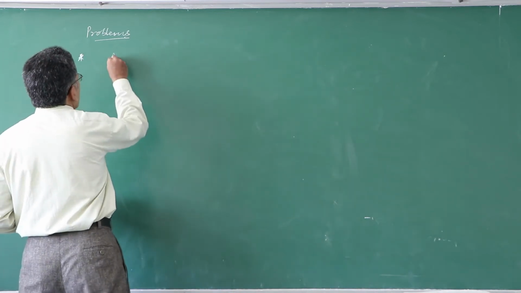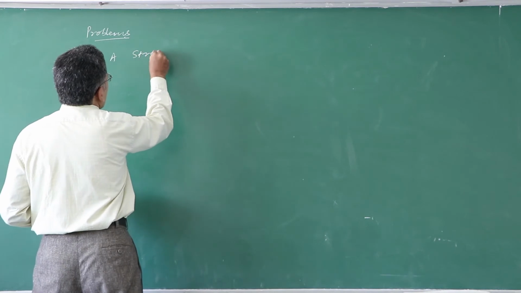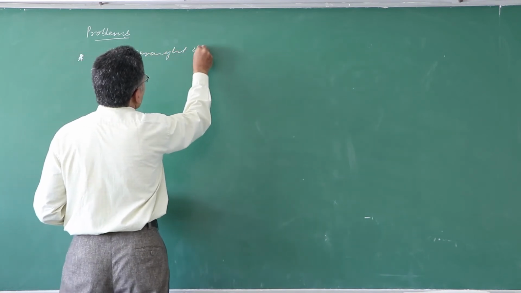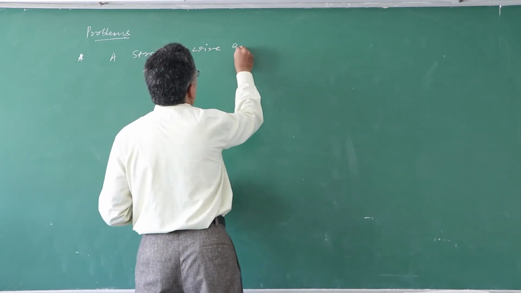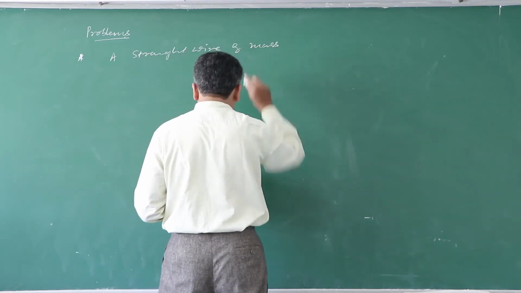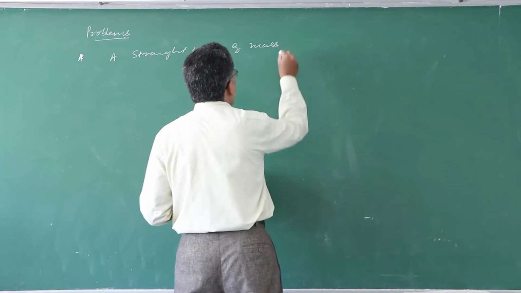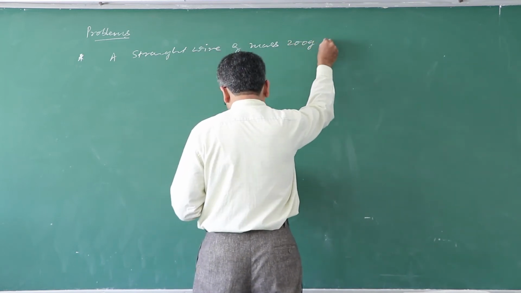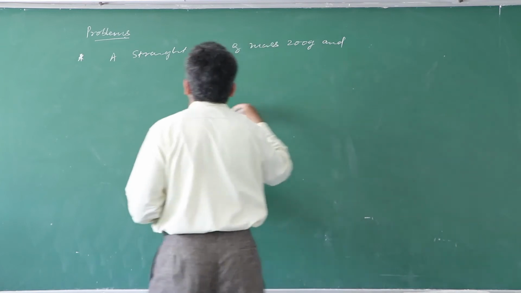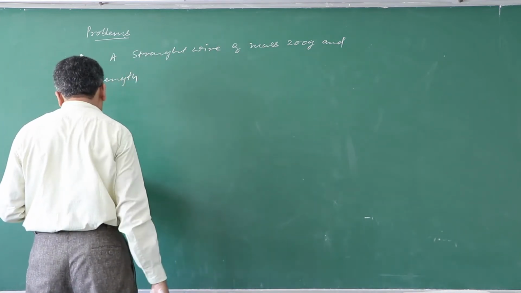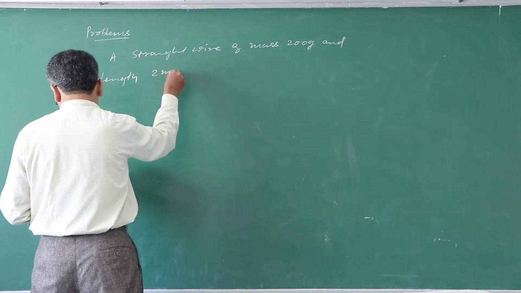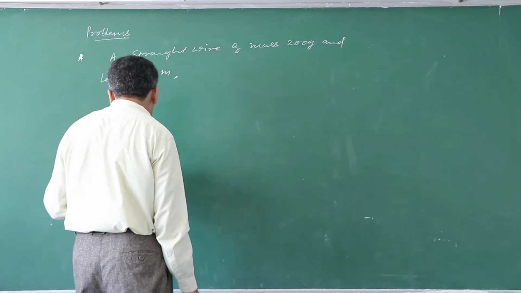A straight wire of mass 200 gram and length 2 meter carries a current of 2 ampere.